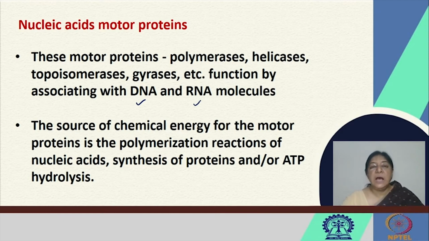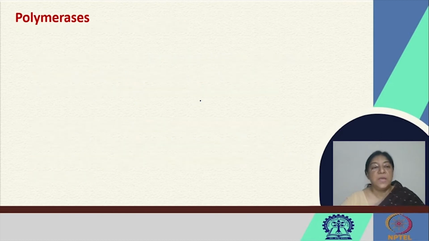But to understand how the motor proteins work, we understand that they have to associate themselves with the DNA and RNA molecules. The source of chemical energy for the motor proteins is the polymerization reactions of the nucleic acids, the synthesis of the proteins, and/or ATP hydrolysis.